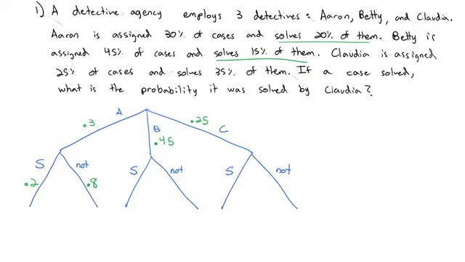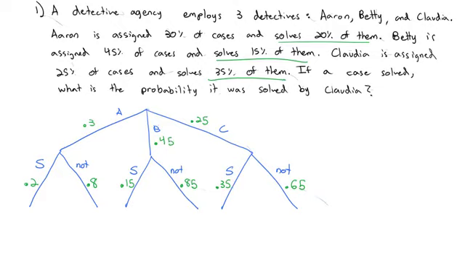Betty solves 15% of them. So Betty solved is 0.15. Not solved, subtracting from 1, is 0.85. Claudia solves 35% of her cases. So Claudia solves 0.35. Subtracting from 1, her not solved is 0.65.